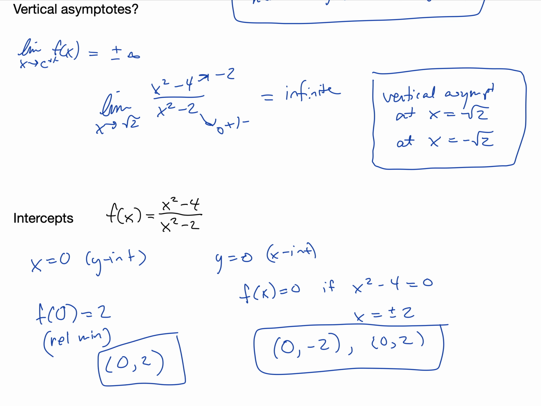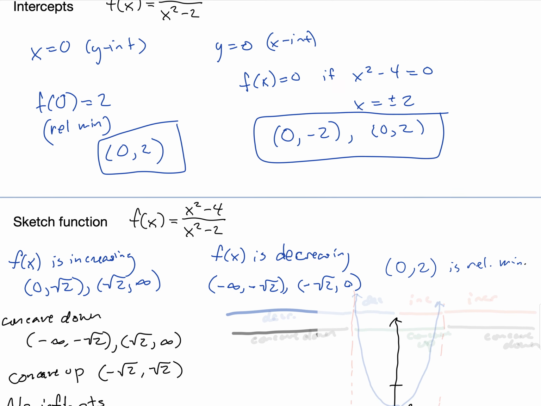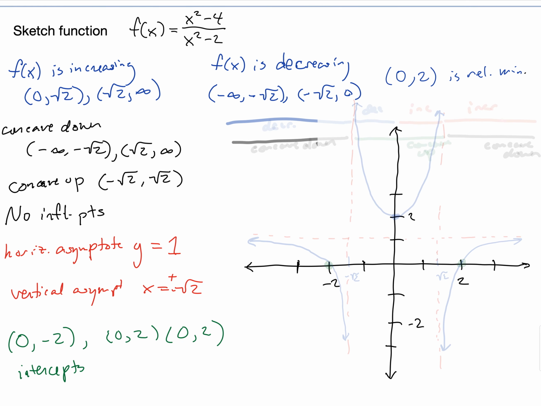Now we just need to put together all of this information and sketch the function. Let's review the information we've got so far and use it to sketch the function. So we know that f of x is decreasing from negative infinity to negative square root of 2. Negative square root of 2 is around there. So up to this point it's decreasing. And it's also decreasing over the interval from negative square root of 2 to 0.